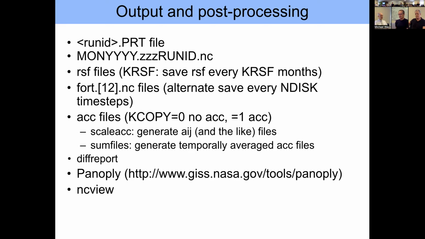The model creates a file of the type that you see in the second bullet. By mon, we mean the first 3 letters of the month name, January, February, etc. We keep that the same for all planetary configurations because why not?